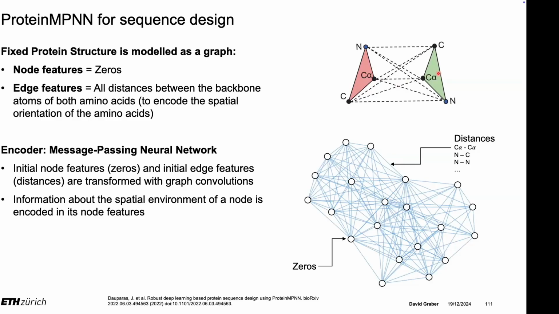And then if you have this very densely connected graph with these features, then they have an encoder GNN, so a message passing neural network, where these initial node features, which are just zeros, and these edge features, which are these distances, are transformed with graph convolutions and message passing steps.